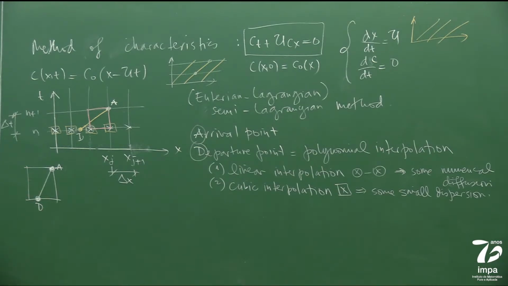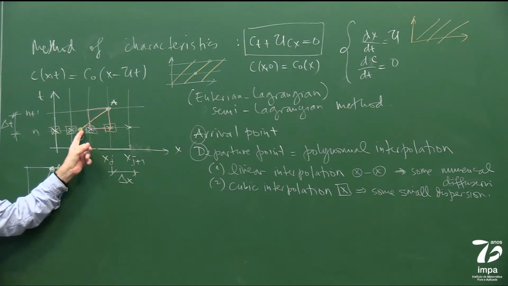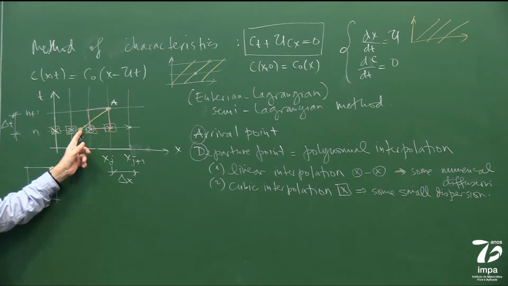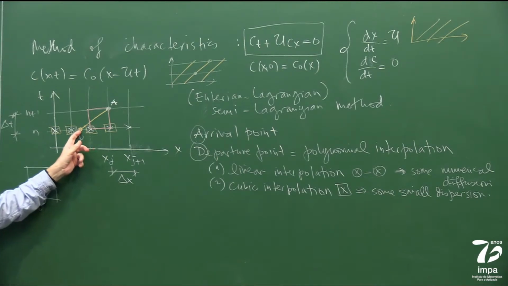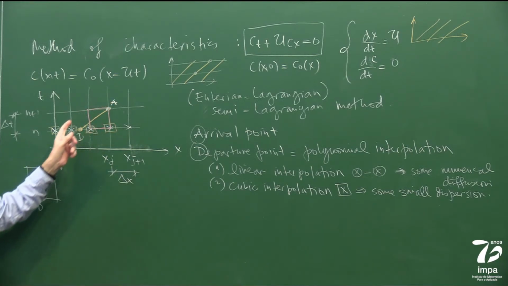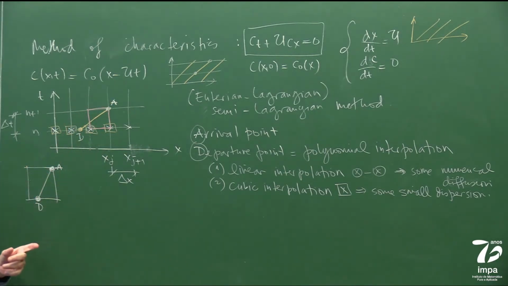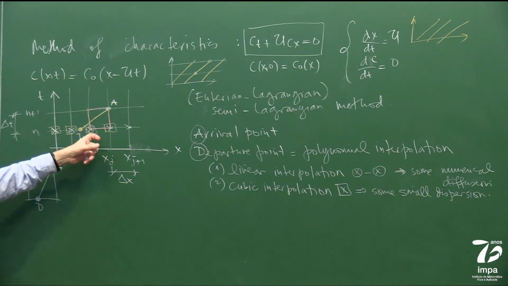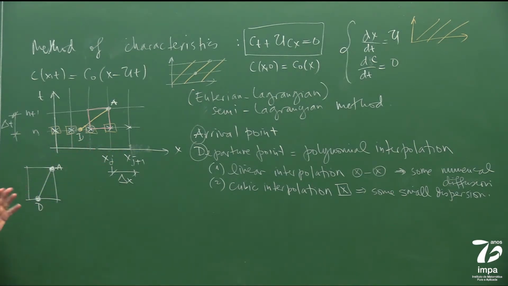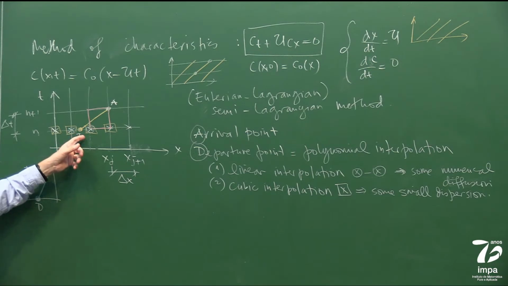If it falls outside the cell, this means that the numerical speed is smaller than the true speed, because the true speed is making it go several cells further. So extrapolation might lead you to some instability, particularly depending on the ratios. And the recommendation is that you use cubic interpolation, okay?